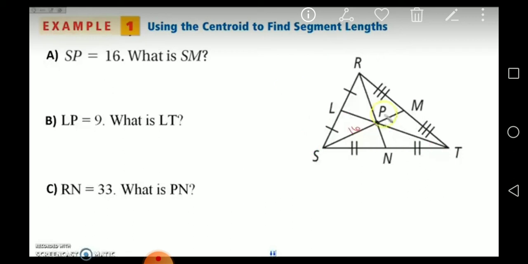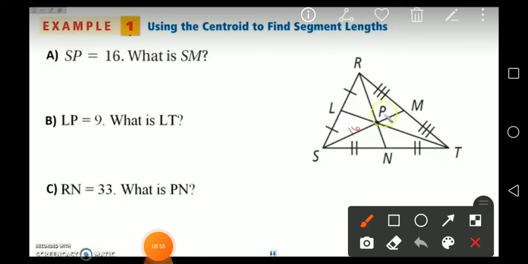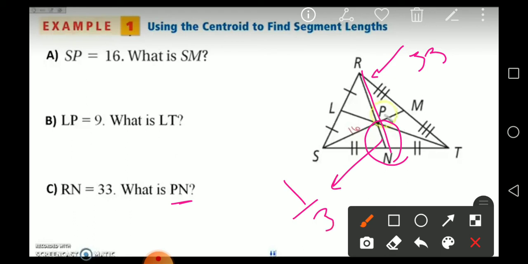It's easy like this. What about RN? RN here is given the whole one, 33. And he asks you what? PN. PN is a third of what? A third of 33. So PN, the small one, is a third of the whole RN.